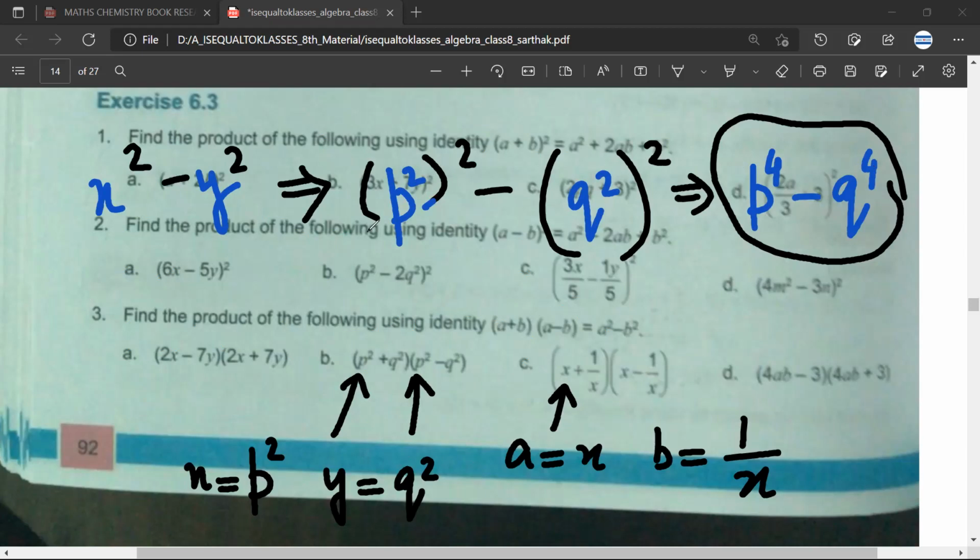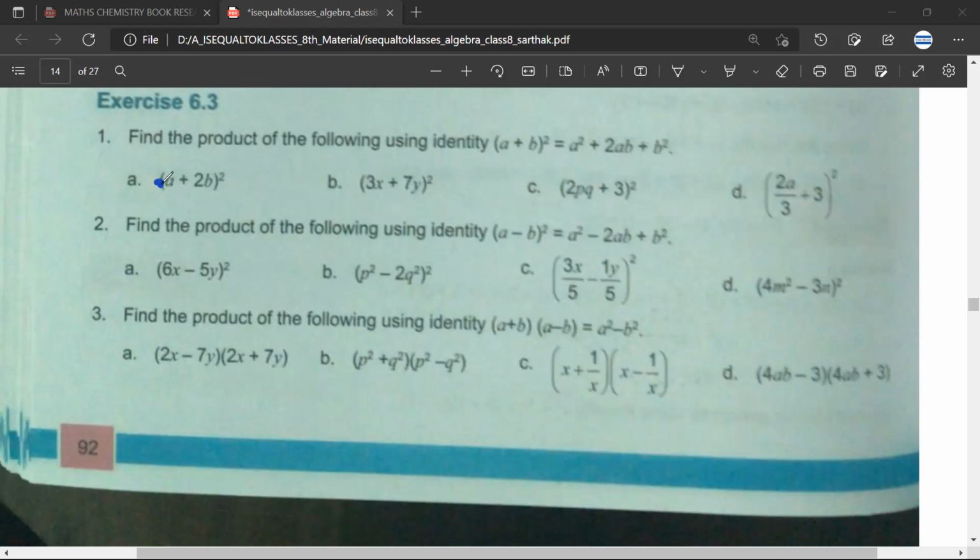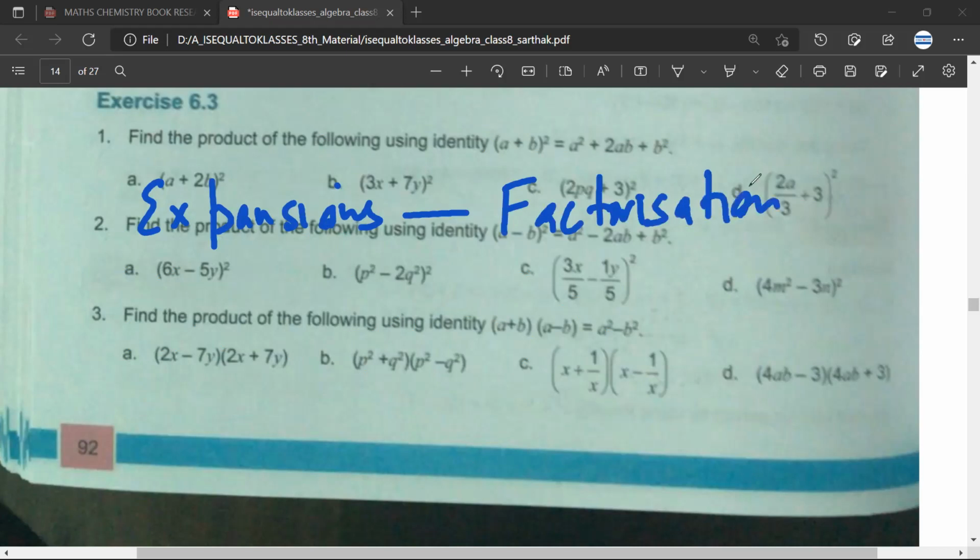Now, see, after this, this is how to find the product. The chapter that we are doing right now is expansions. After this, we will be doing factorization. Now, in certain questions in factorization, your question would be factorize p4 minus q4.